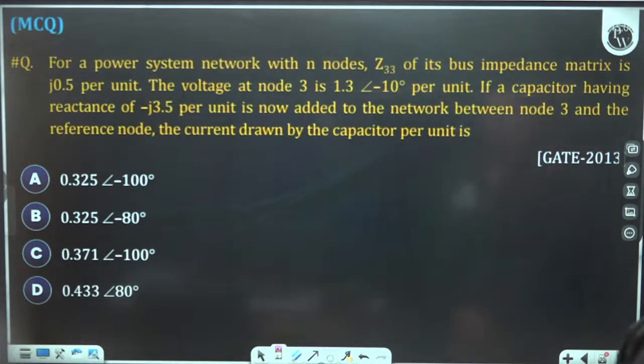The voltage at node 3 is 1.3 angle minus 10 degrees. If a capacitor having the reactance of J3.5 is now added to the network between node 3 and the reference node, the current drawn by the capacitor will be. Z33 is given J0.5, V3 is given.